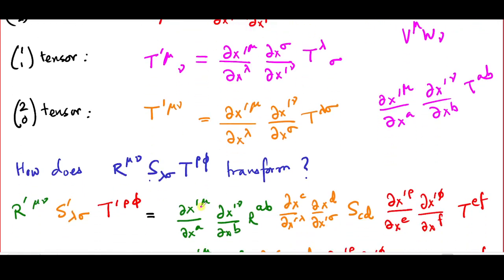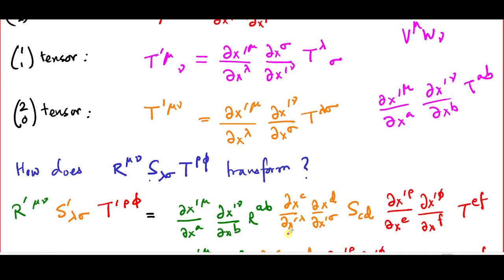Well, I've written this down here, and I've used different colors for each different piece so that you can easily see where every term is coming from. The R becomes R prime mu nu, which is of course the same as del x prime mu del x a, del x prime nu del x b, R_ab. The S becomes S prime lambda sigma, orange on this side.